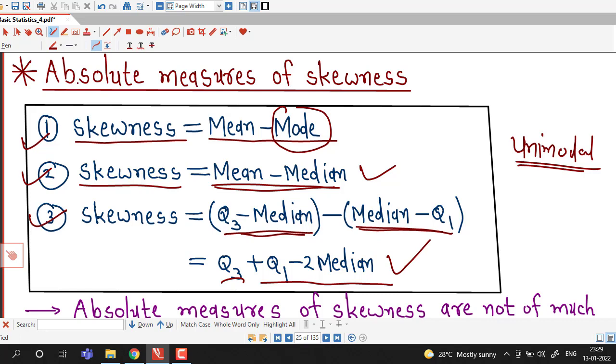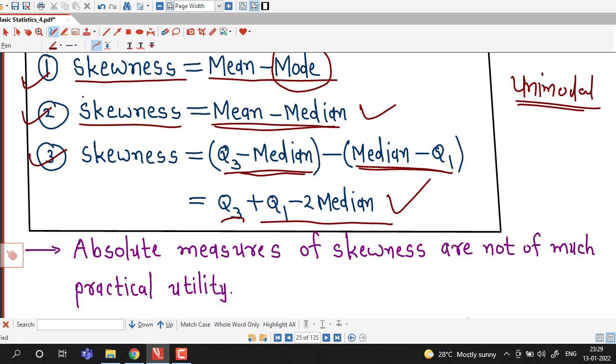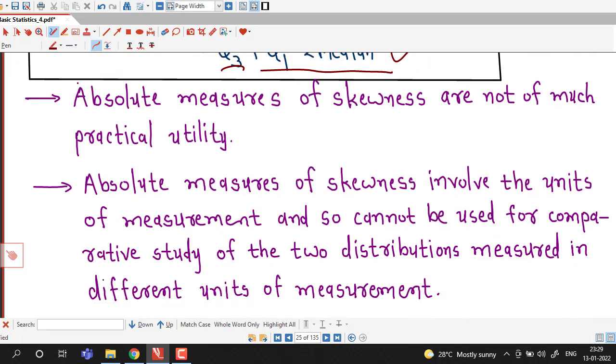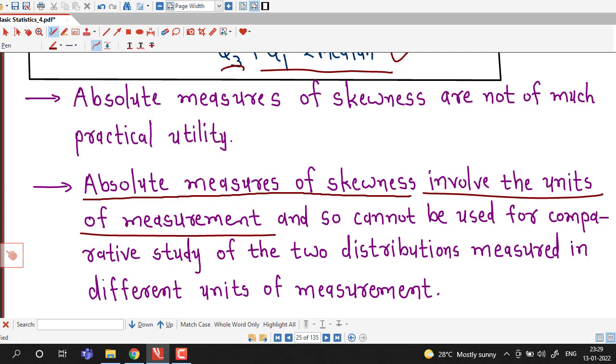But absolute measures of skewness are generally not of much practical utility because they involve the units of measurement. If these measures are dependent on units, then we cannot compare two data sets expressed in different units. So for that we require another measure of skewness which is independent of units.